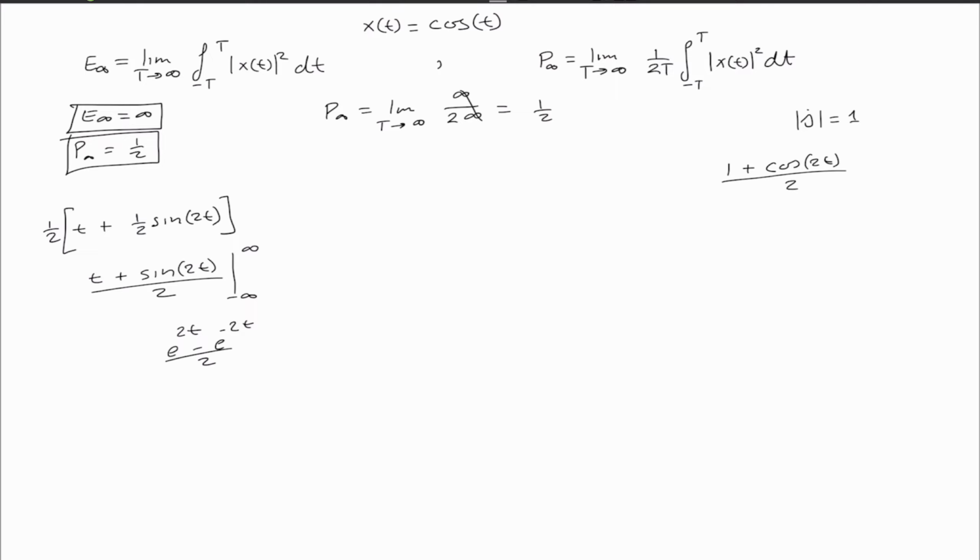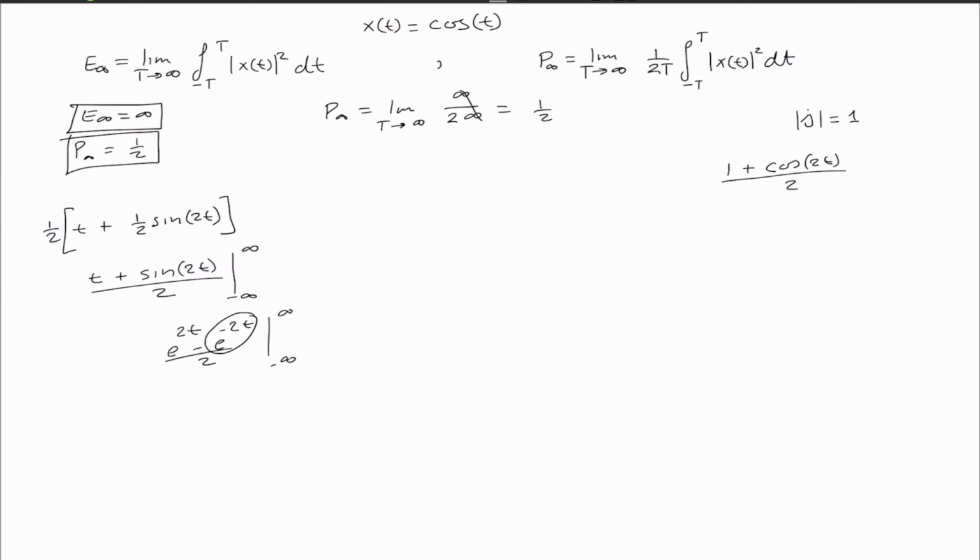So for this expression, e to the negative infinity is going to converge to 0, and 0 divided by 2 is still 0, and for positive infinity, it's going to converge to infinity.